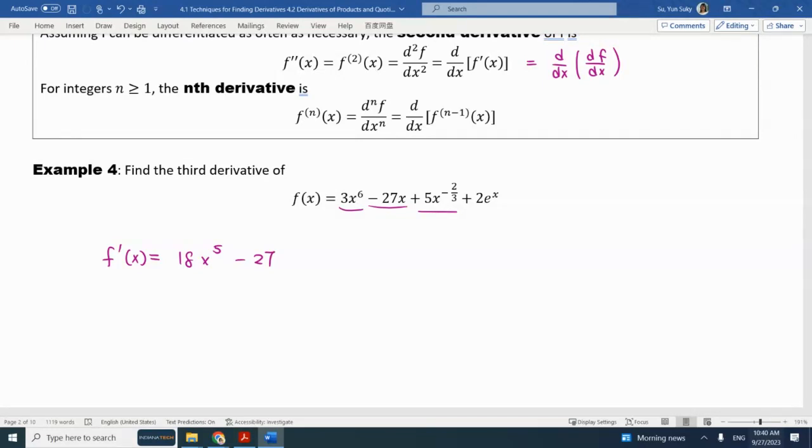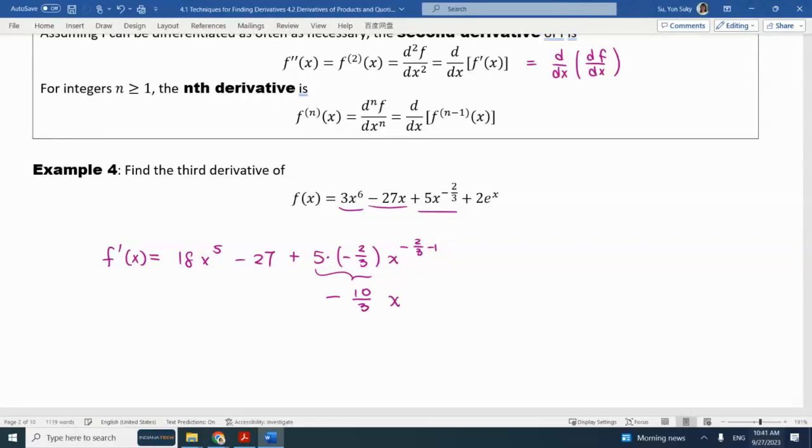This one is harder. We can do it slowly. So where do you put the 5? Stay here, right? And then you multiply by negative 2 over 3 times x to the... Yes. And what is 5 times this guy?